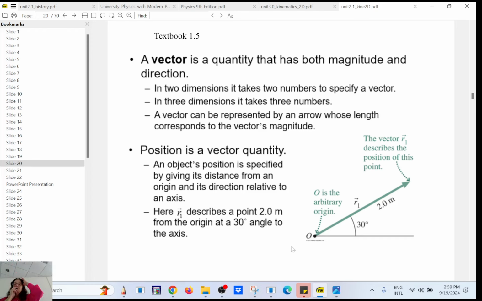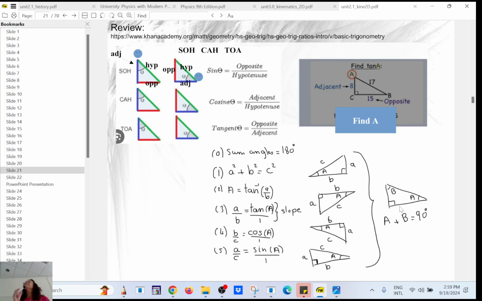And again, it has a direction. So in that case, 30 degrees above the positive x-axis. It has a magnitude. So how far is it from me? And a unit. Are we talking inches? Are we talking meters? So in that case, it's in meters. Do you understand?